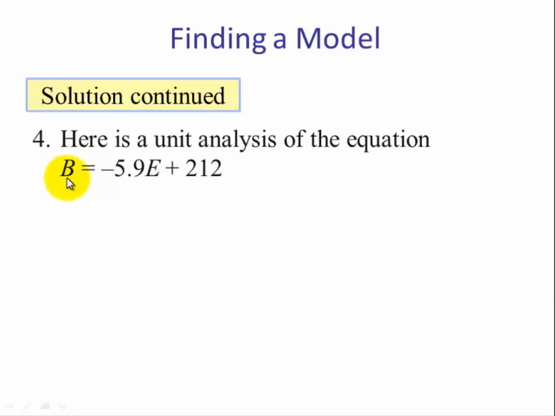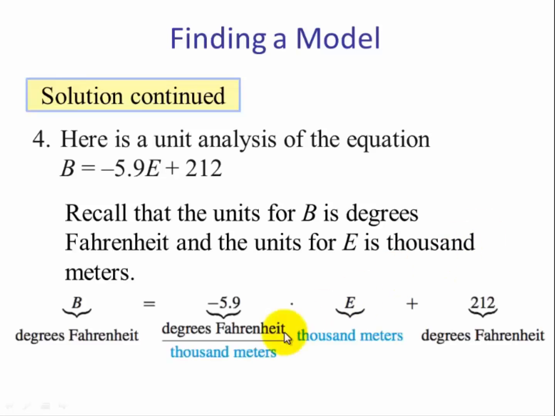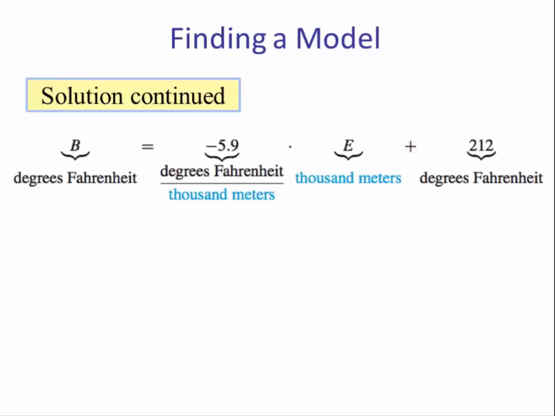Number 4, here's the unit analysis of the equation. The units for B is degrees Fahrenheit and the units for E is 1,000 meters. So we have B, which is degrees Fahrenheit. This is our slope, negative 5.9, which is degrees Fahrenheit per 1,000 meters. Our independent variable is 1,000 meters and 212, the y-intercept, is degrees Fahrenheit.